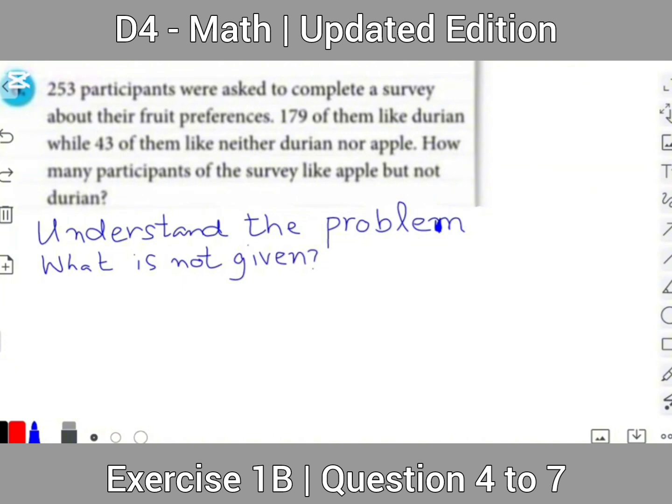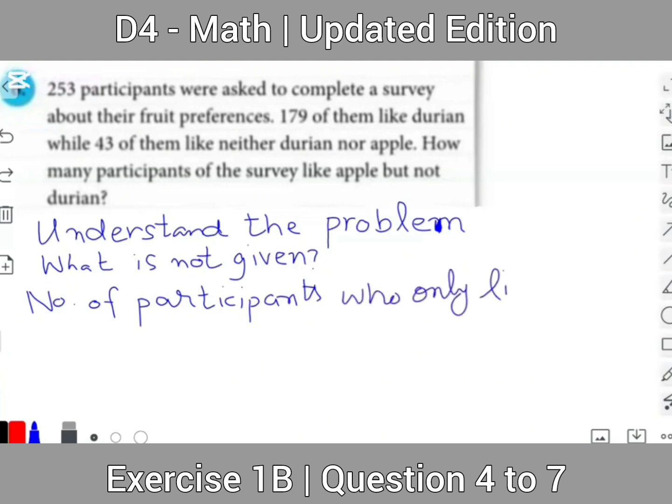Number of participants who only like durian. Number of people who only like apple.